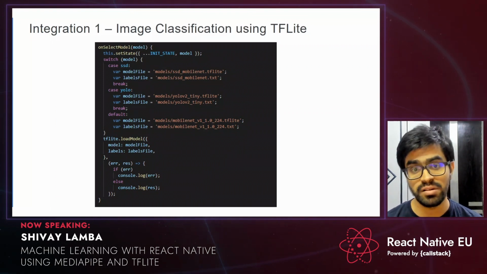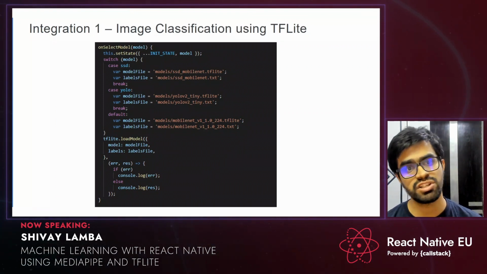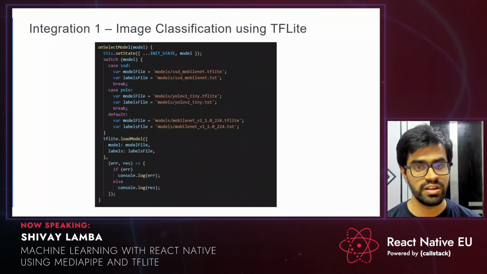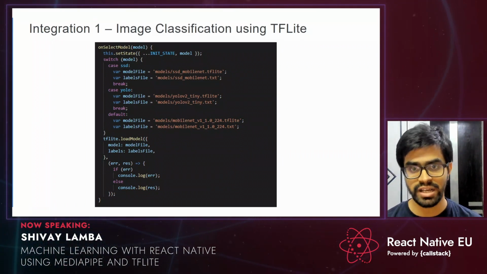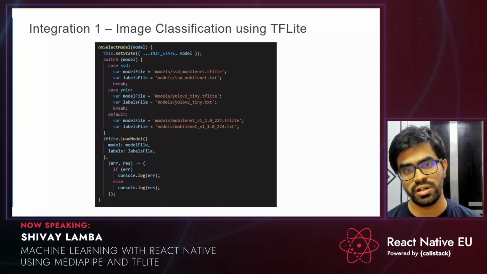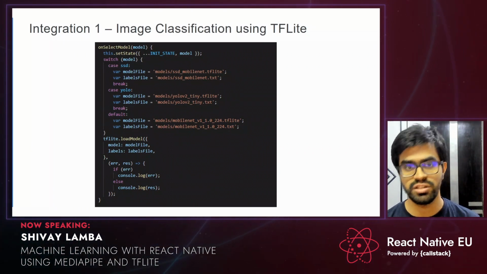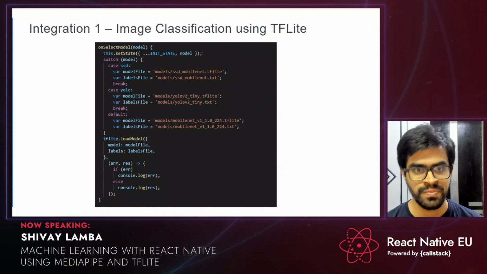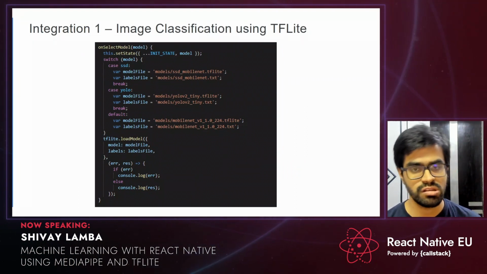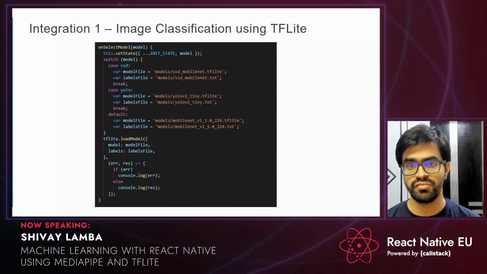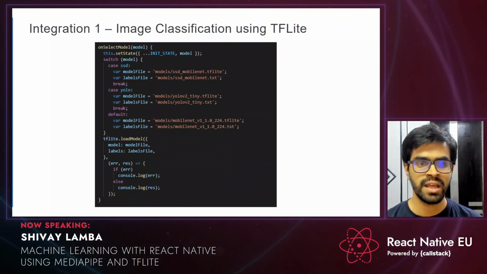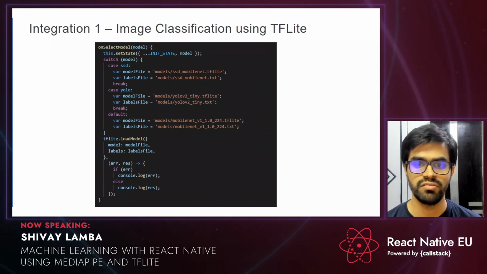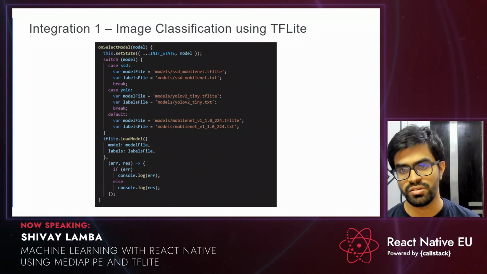We have all the labels. The labels are essentially what will be recognized whenever you provide an image. It will provide a label based on whichever label the machine learning model thinks is the closest. Then we have YOLO. Again, YOLO is used for image classification, and we have another TFLite file for it. And then we have a standard MobileNet version v1 TFLite.